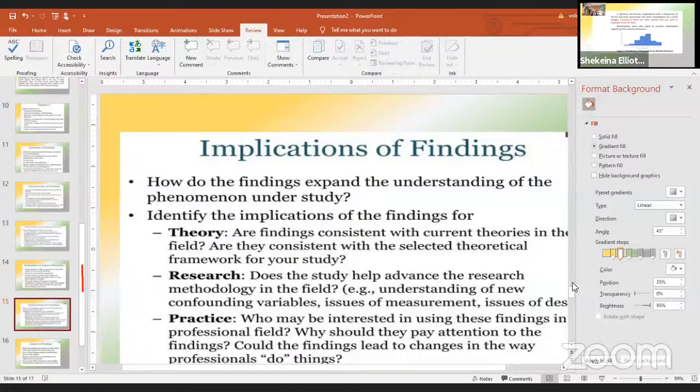You need to pull that in. You need to show the connection of your conceptual framework or your theoretical framework to your study. So that's another critical area that you need to zero in on when you are structuring chapter 5.